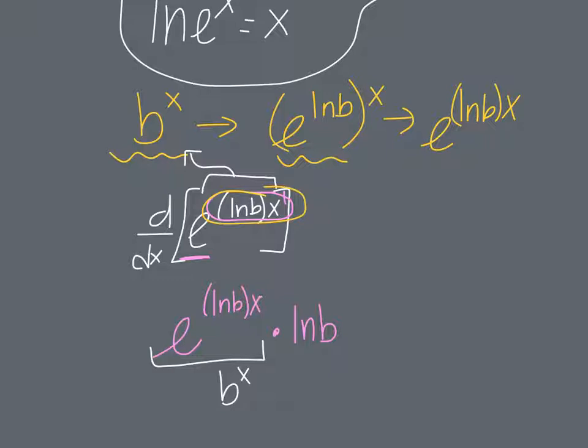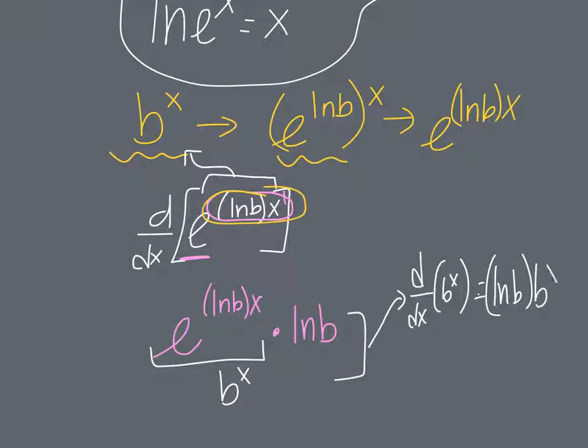So if I put that together, I end up getting what my normal rule looks like, which is the derivative of b to the x is equal to the natural log of b times b to the x. There it is. So now you have the proofs for both exponential functions with any base and logarithms of any base.